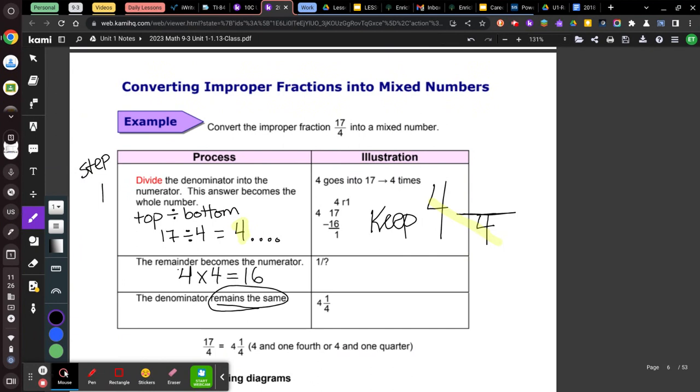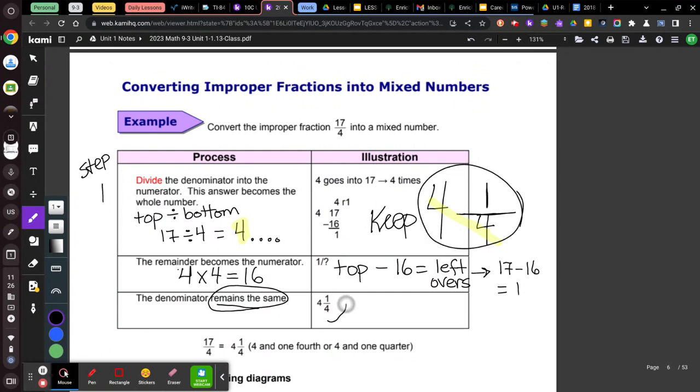Now I'm going to take my top and subtract 16. That's going to give me my leftovers. My top is 17, subtract 16 is going to give me 1. So I'm going to end up with a 1 on top. And that's how I end up with 4 and 1 over 4.